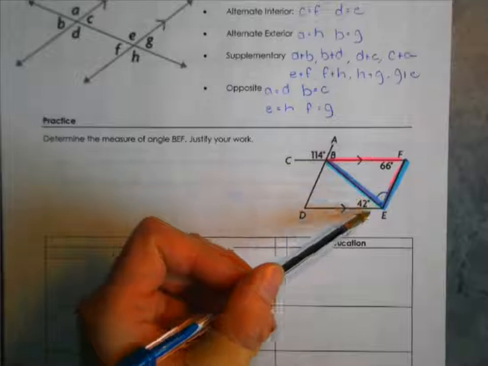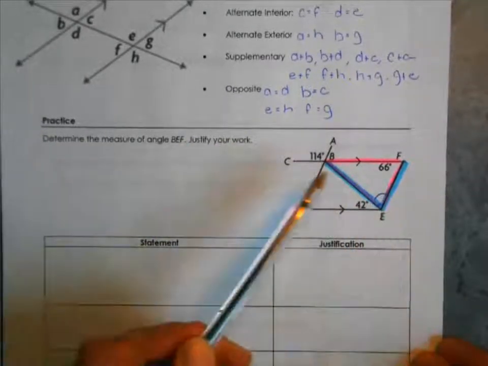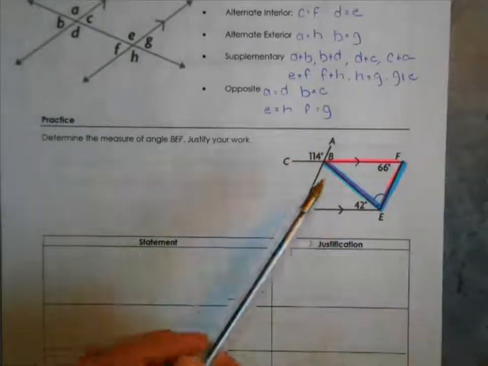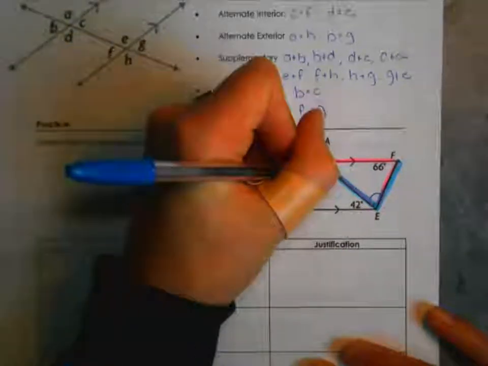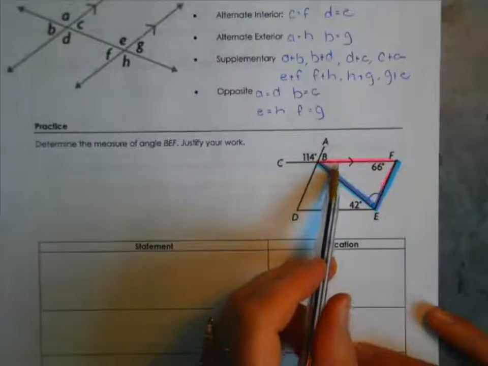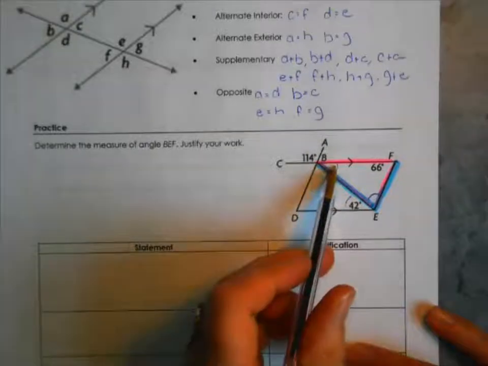But if we have 42 degrees here, this line and this line are parallel. This intersecting line is going to be a transversal. And we know that this angle up here is on the inside of the parallel lines, as is this one here. And they're on opposite sides of the transversal, right?